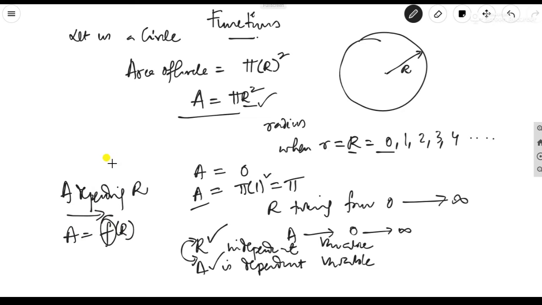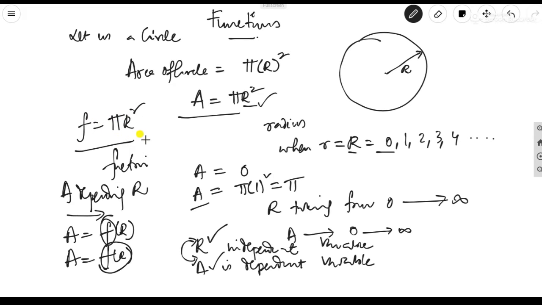F represents function. In short form, when you are telling the dependency of A with respect to r, you can write in this format: A is a function of r.